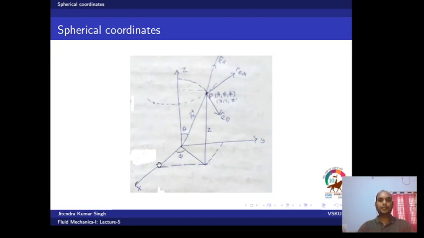So we can clearly see here that z is this vertical distance of the projection of point P on the xy plane. So this PN will be z.